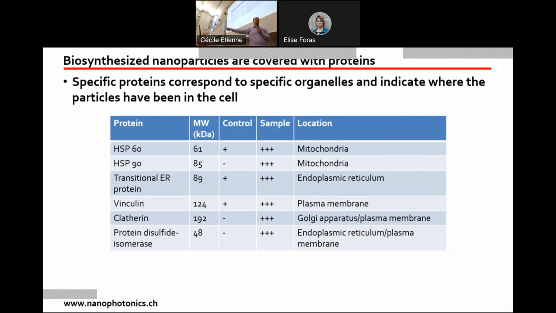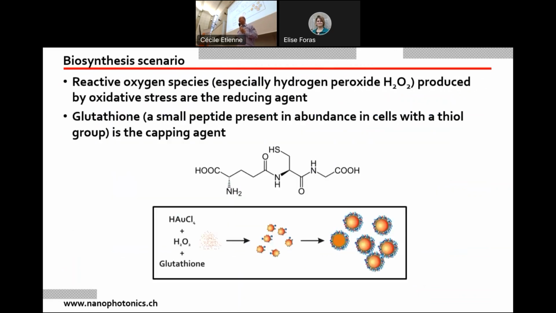So quite surprising. As we stand right now, we believe that the fact that we put in a gold salt is going to stress the cell. And as a reaction, they're going to produce reactive oxygen species.